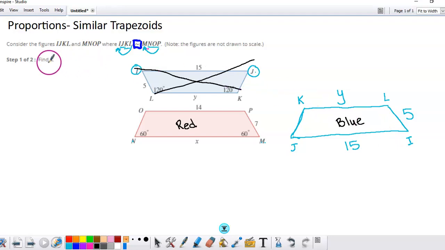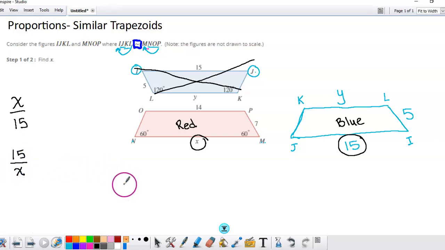So if I'm finding x, I need to use a fraction that includes x and its matching side. I could either use x over 15, or, if I prefer, I could use 15 over x. As long as I'm consistent, either version will give me the correct answer.